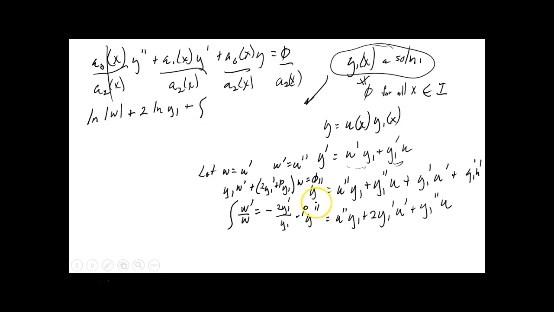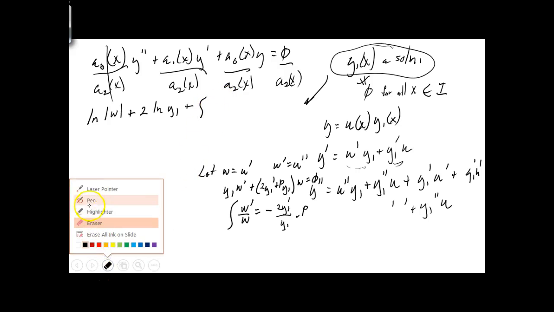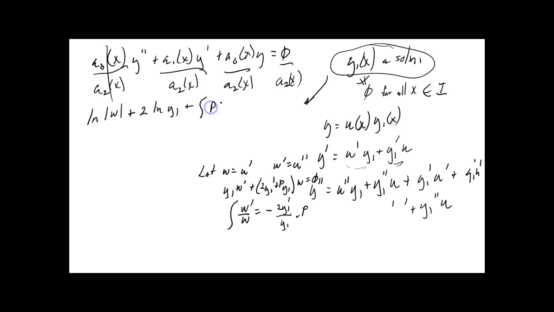Now this isn't a double prime here, I don't know what that is. Oh, let me erase some of that, because that is getting confusing. That's not in there. Minus p, okay. Because remember, the y1 divided out when we divided by that, okay? So it's just p. So that's the integral of p of x dx, and that's equal to 0.